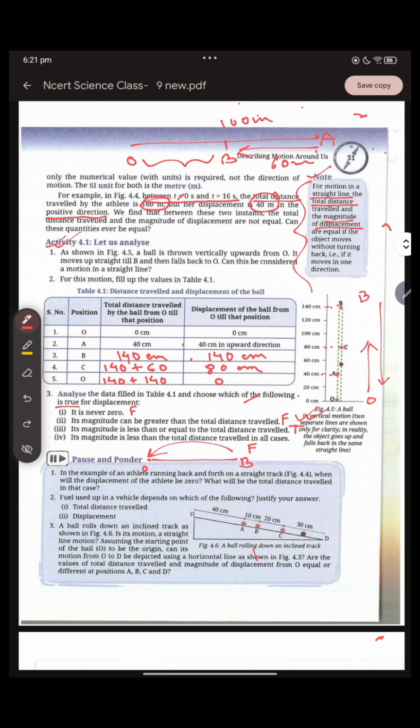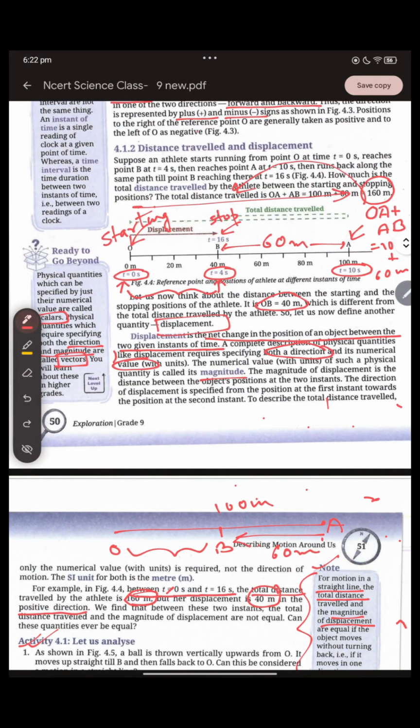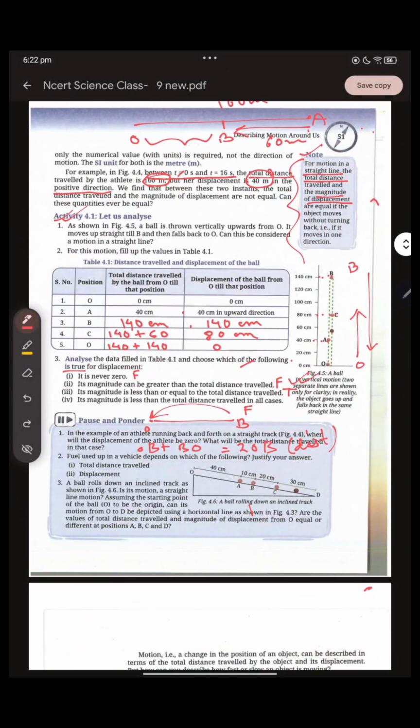Total distance traveled will be twice the track. That is OB plus again BO, or you can say twice OB will be the total distance. So if we have the value, we can see over here, yes, it is 0 to 100. So it is twice the 100. 200 meter will be the distance and displacement will be 0 in that case.